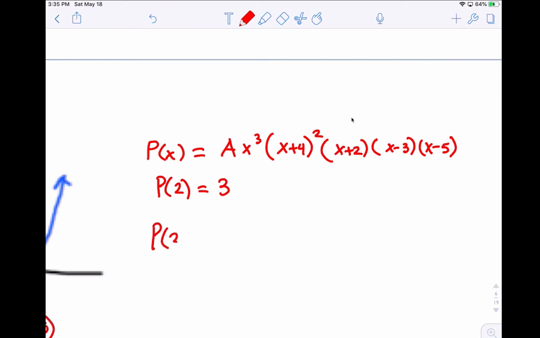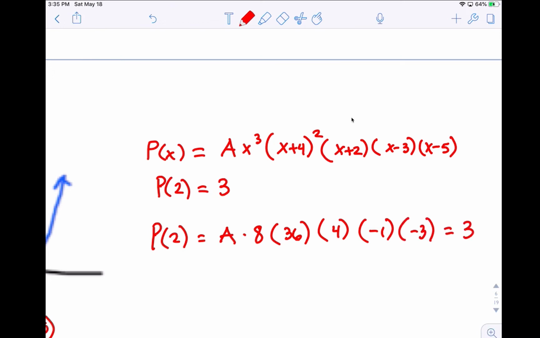So p of 2 would be a times 2 to the third is 8 times 2 plus 4 is 6 squared is 36. 2 plus 2 is 4. 2 minus 3 is -1. And then 2 minus 5 is -3. And that's equaling to 3.